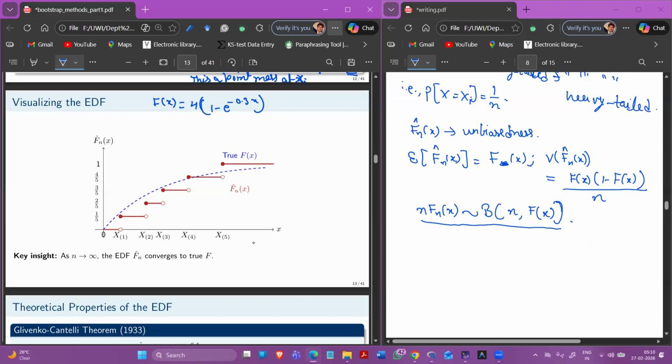I am assuming this for 5 observations, N equals 5. We took the sample and we are going to sort them in order statistics, like x(1) less than or equal to x(2), less than or equal to x(3), less than or equal to x(4), and less than or equal to x(5).